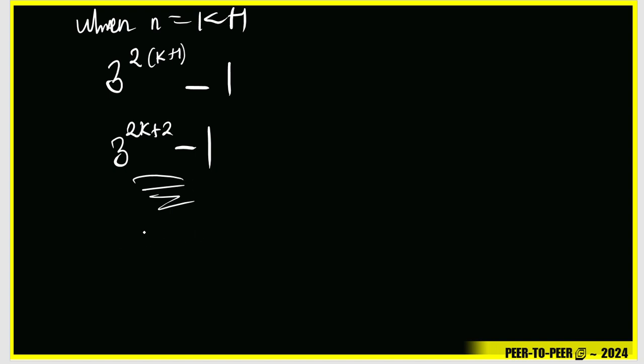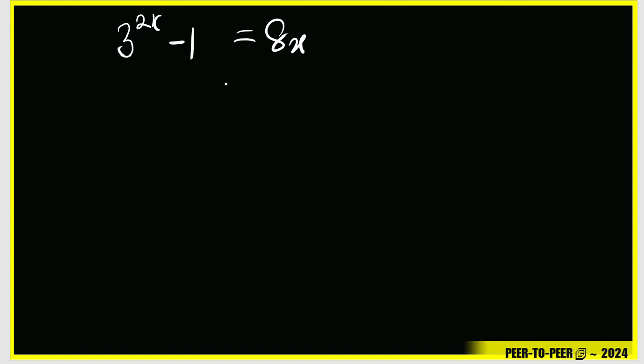So let's pick the inductive hypothesis. It is 3 raised to the power 2k minus 1 is equal to 8x, where x is a natural number. And in the proving stage, you are applying all your knowledge in mathematics, your concept, your skills, your ingenuity. There is not always a laid down recipe that you must follow.